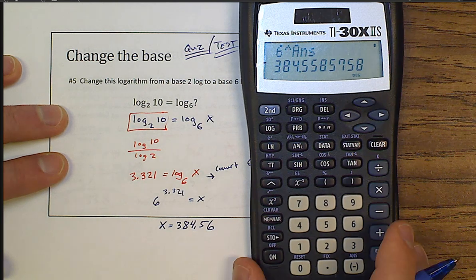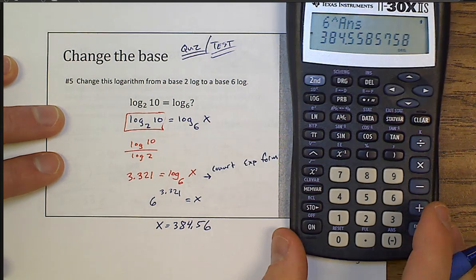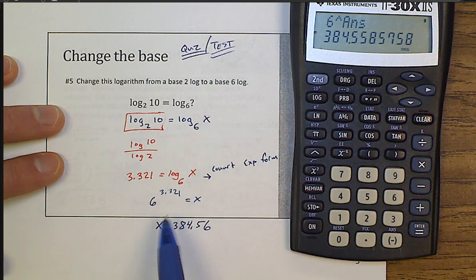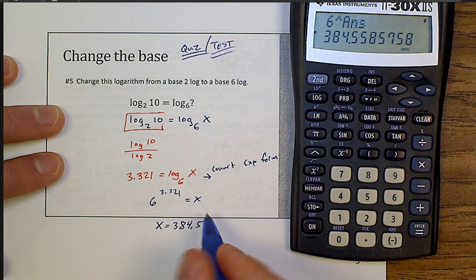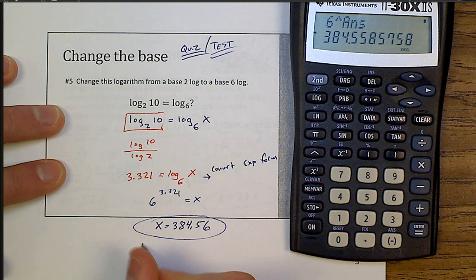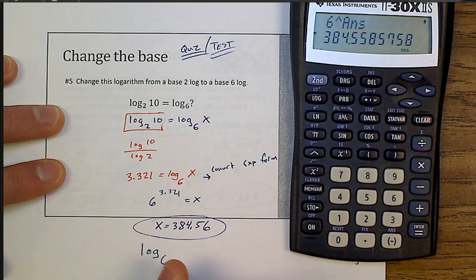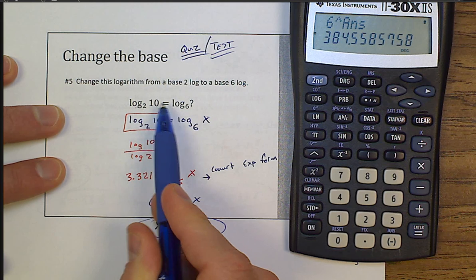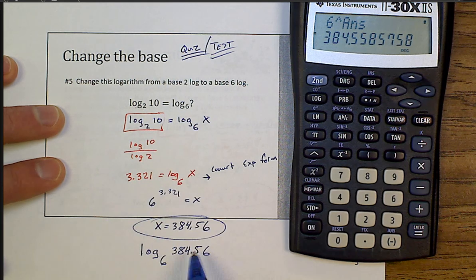So now I have answered my question, because the original question was, what is this question mark? What is this? Well, we just figured it out. X is this, so now my final answer is log base 6 of 384.56. So I converted log base 2 of 10 into log base 6 of 384.56.